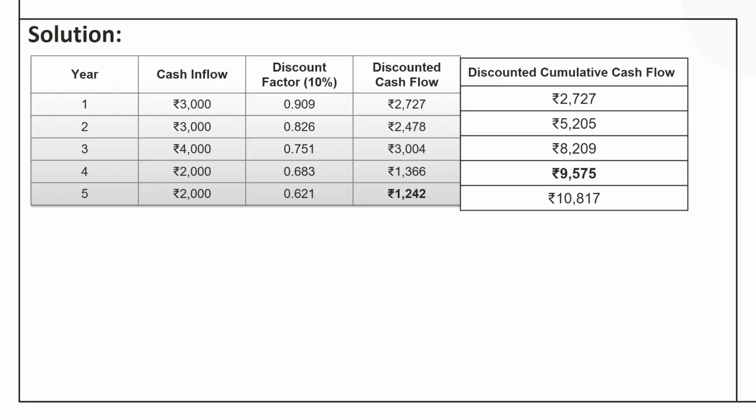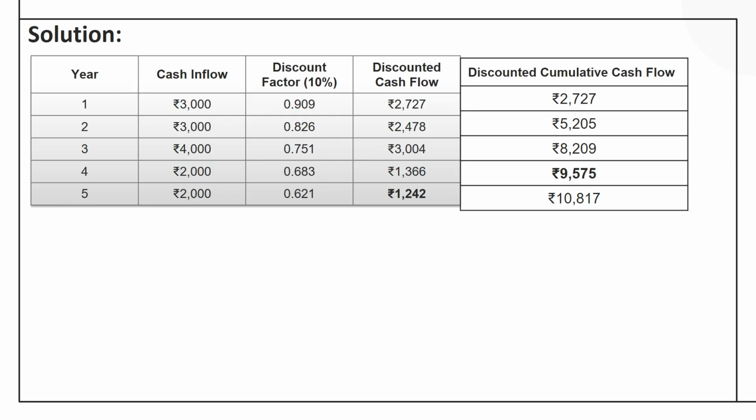So, 3,000 would be multiplied with the PV factor found at the intersection point of the year and the rate of interest. At 10% in the first year we get 0.909. If this PV factor is multiplied with 3,000, we get the discounted cash flow value as 2,727.